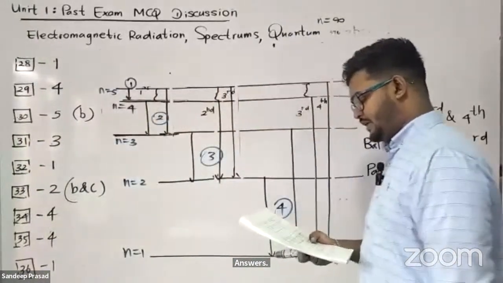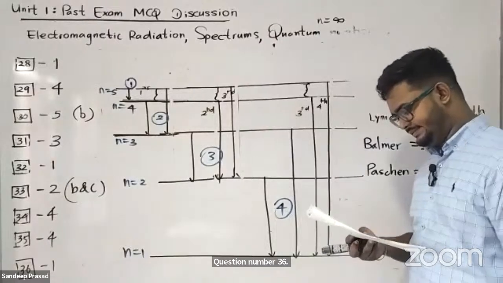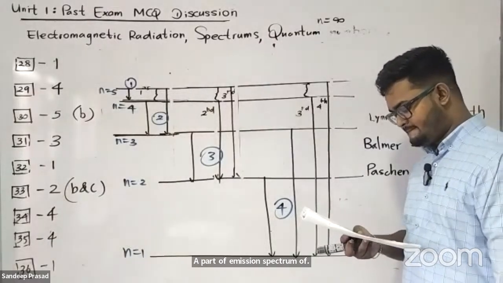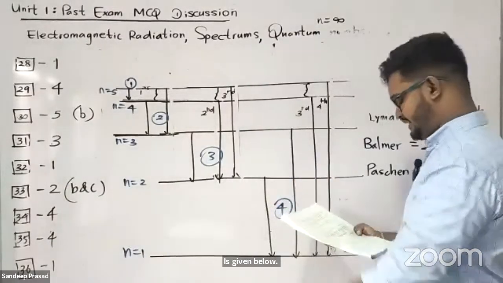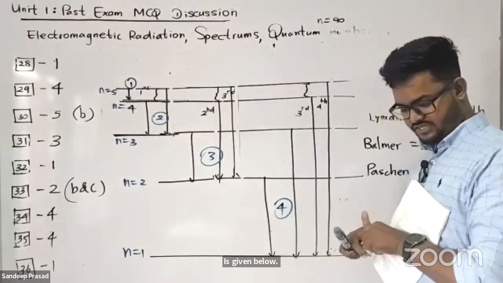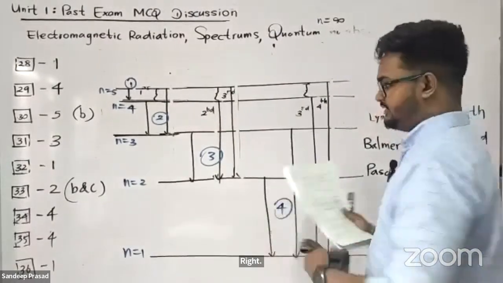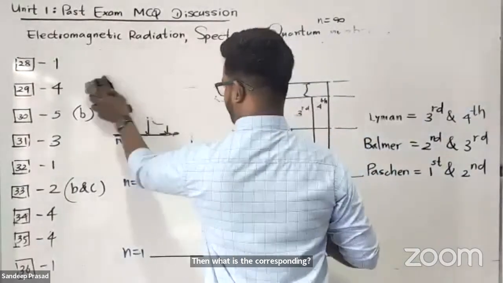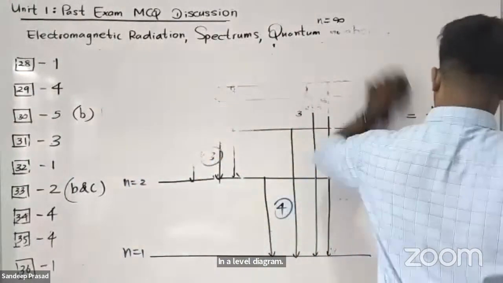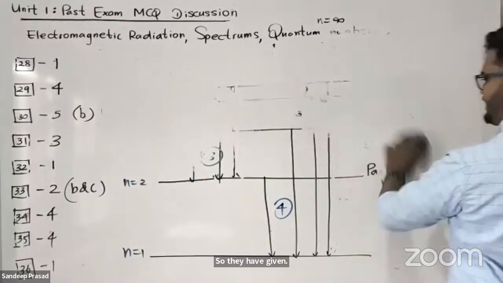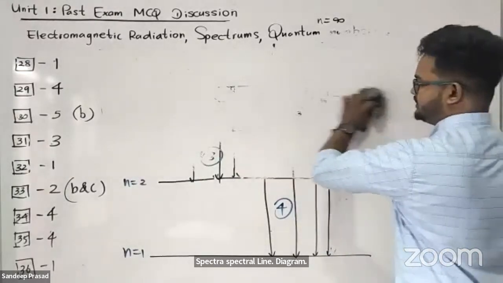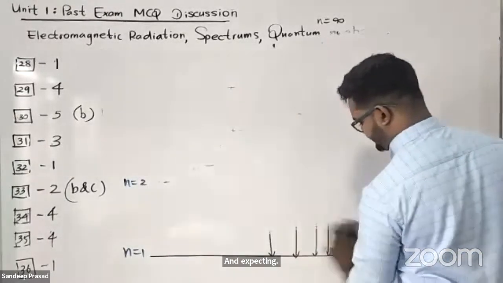A part of the emission spectrum of hydrogen is given below. Increasing wavelength is in this direction, right? Then what is the corresponding energy level diagram? So they have given here a spectral line diagram and expect the correct energy level diagram.